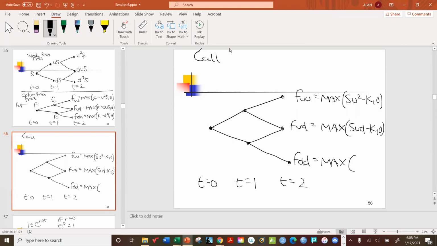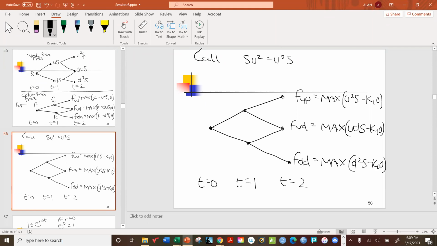I want to make it clear that SU squared and U squared S are the same thing. The order in which I write these doesn't make any difference, but I want to be consistent with what I was doing earlier. So let me change this a little: U squared S, UdS, and then we could call this last one D squared S.